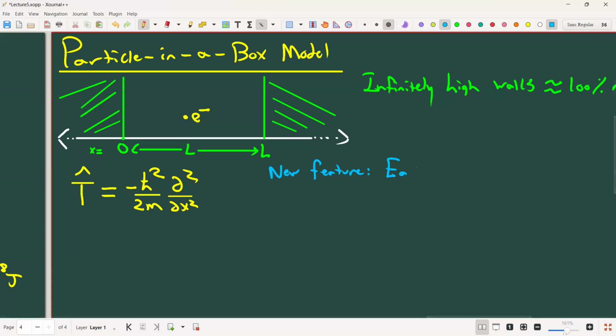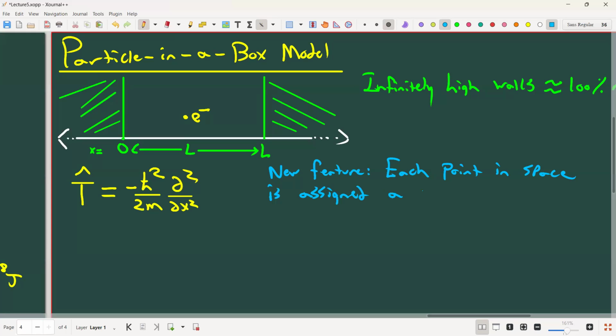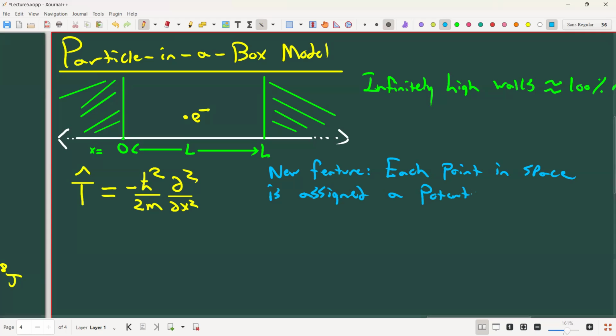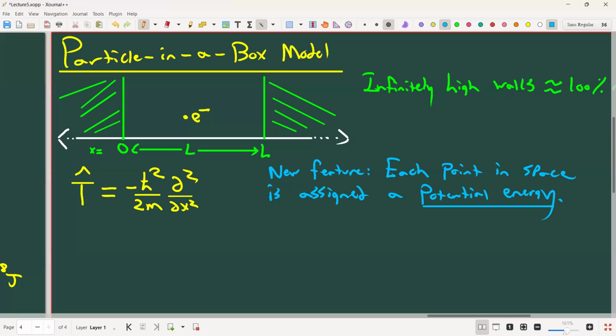is that each point in space is assigned what we call a potential energy. And that's all potential energy is. Potential energy is, I have a particle or something that's moving with kinetic energy, and a potential is some function that tells you whether that particle is preferred to be in a certain region or not.